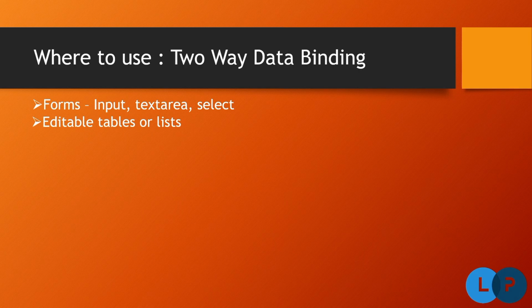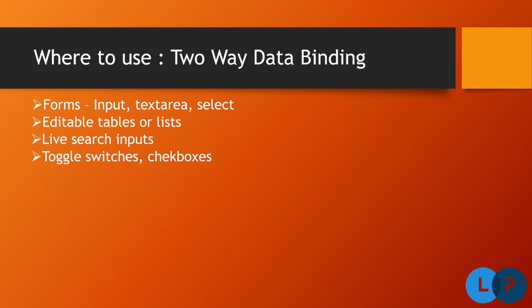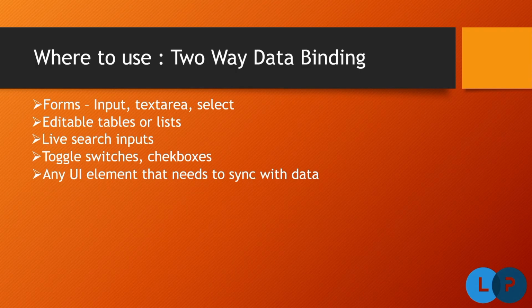For live search inputs, when you type something it gets into the model, and from the model we can respond. And then toggle switches, checkboxes, and any UI element that needs to sync with the data. So all these places we can use two-way binding.